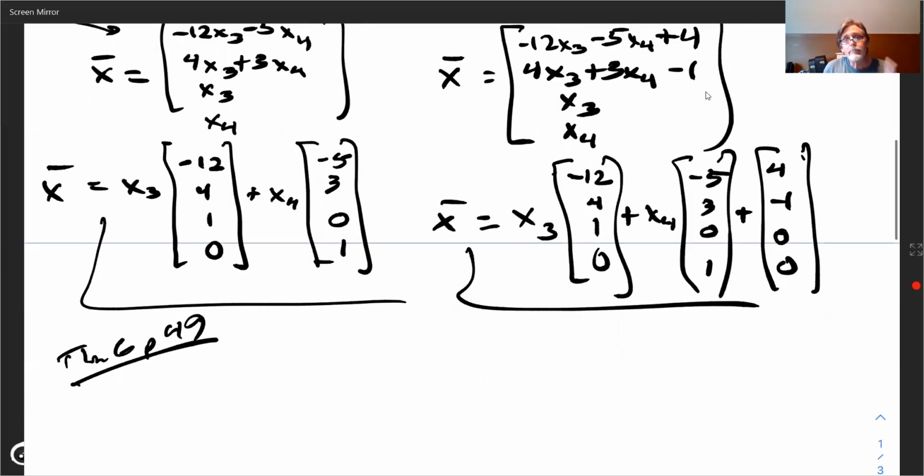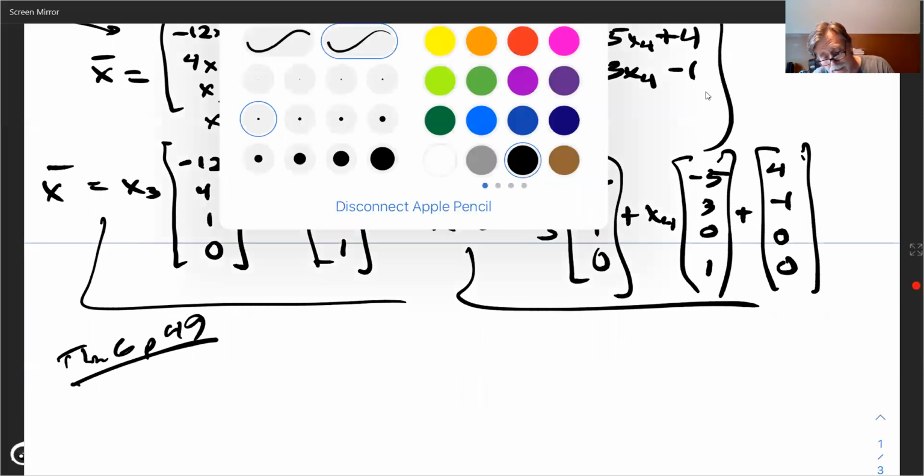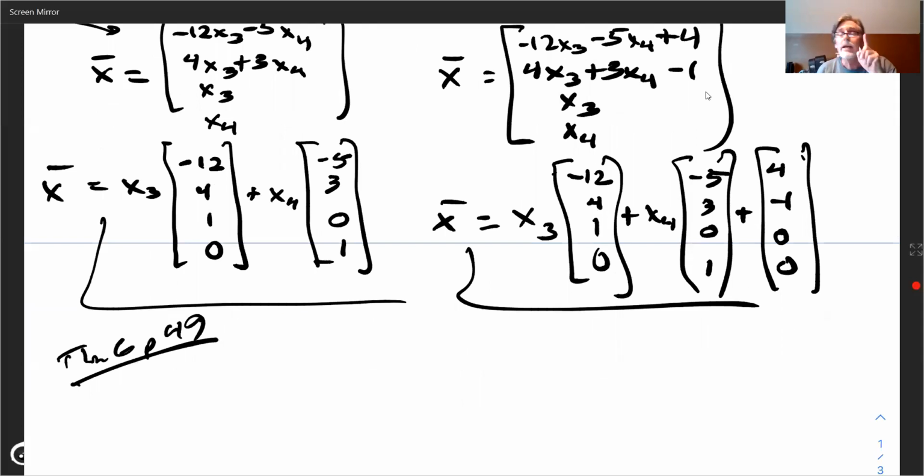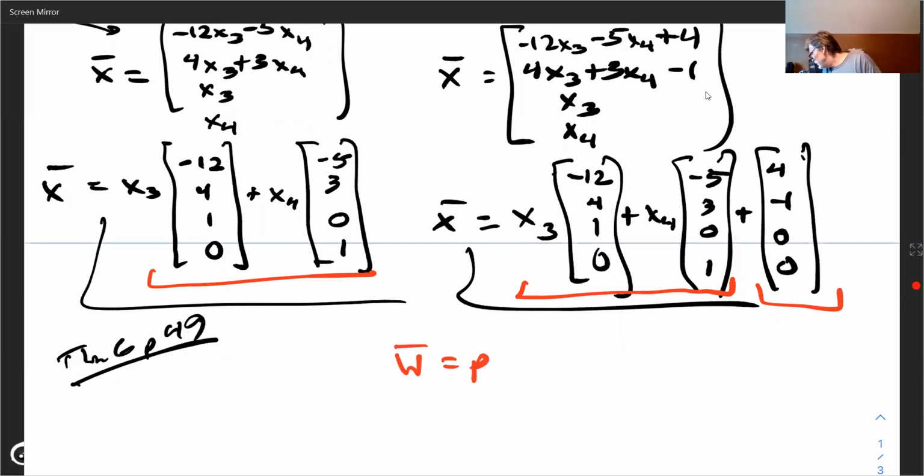It says, and I'm not going to quote, but it says this: the solution to any non-homogeneous system has a solution to the homogeneous, that's this part, identical to this part, plus a solution of the non-homogeneous. It's always in that form. He says it's something like W is equal to P plus VH.